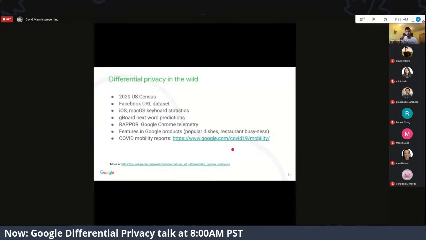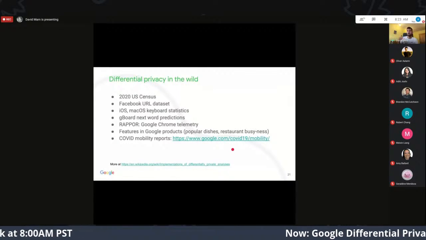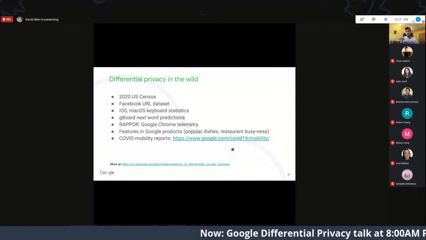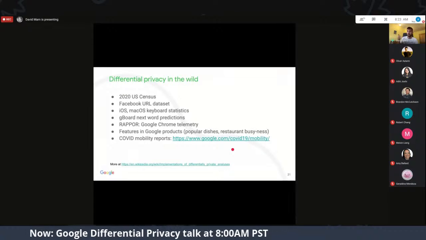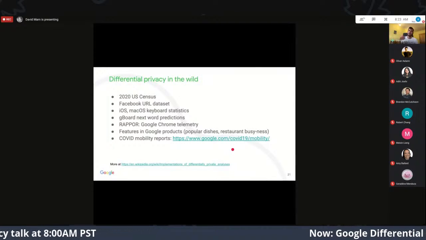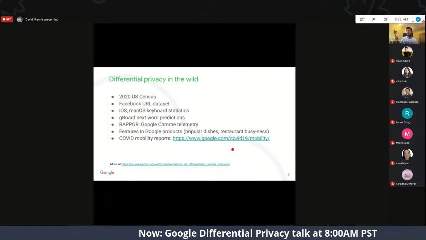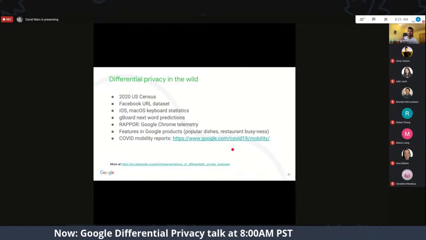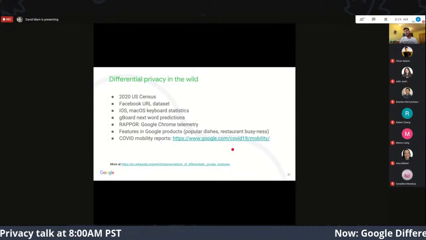And Google has also open sourced the system Rappor that was used for Google Chrome telemetry. And here, the idea is that instead of adding noise in a central place, you add it in the client. So even if the attacker gets access to the raw database from Google Chrome, they will still not be able to say anything about the individuals that contributed to it.